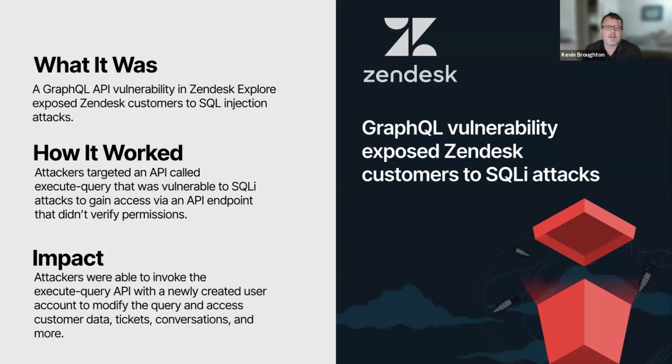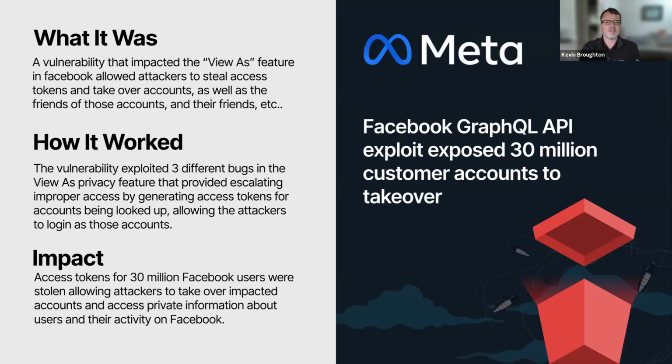Right. And here's another one. Obviously Meta's huge, and this is a massive GraphQL attack. Let's dig into that a little bit. Sure. The exploit here exposed 30 million customer accounts to takeover. There were actually multiple bugs in a view-as capability that they had exposed.